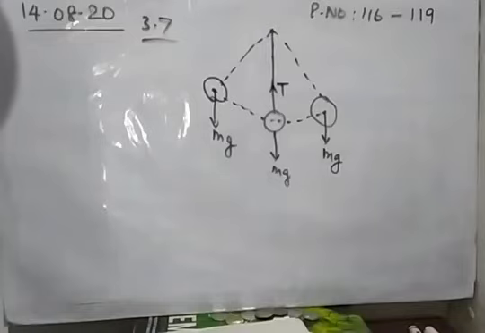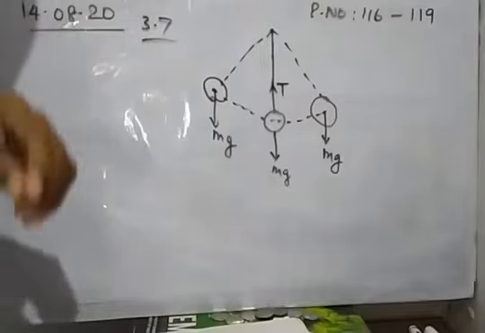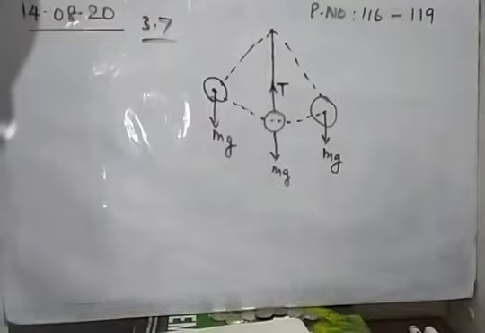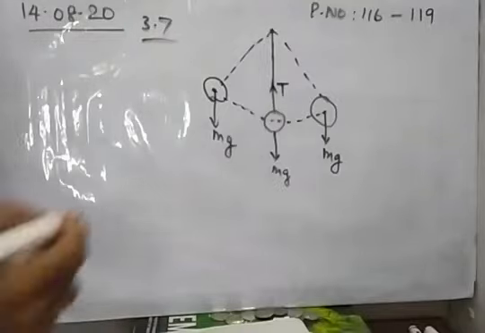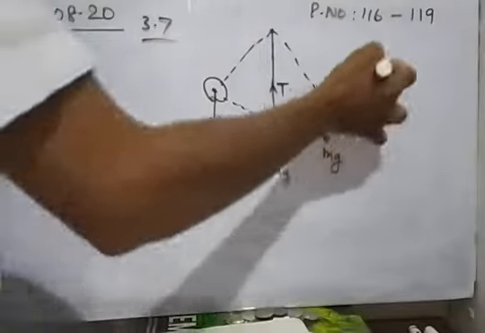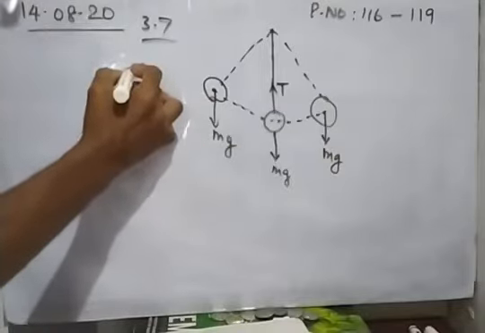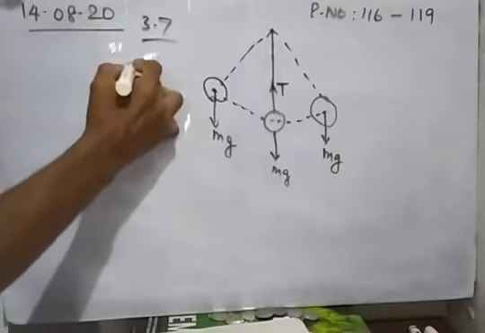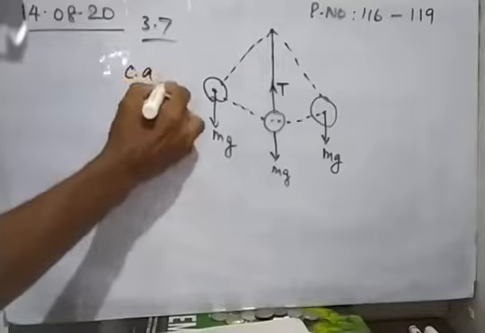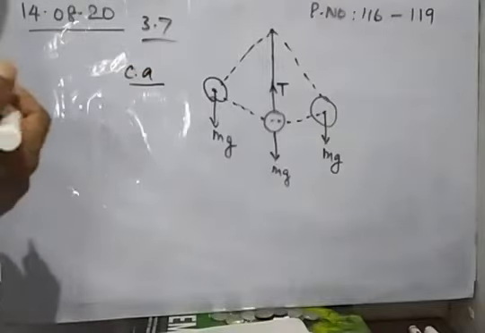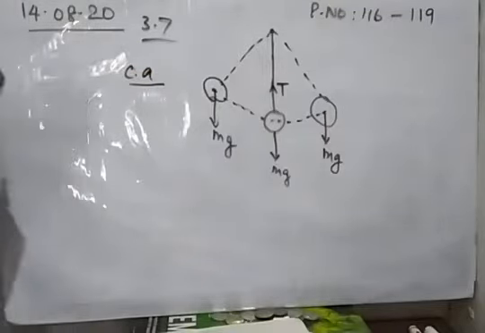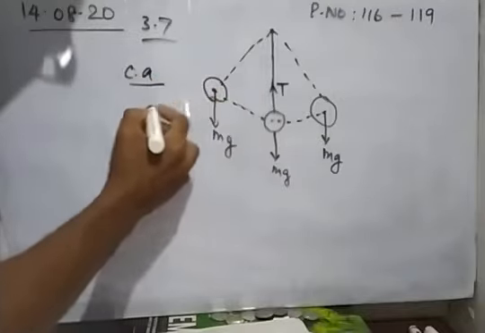Now, what determines the direction of T? The bob is moving along a circular path. Therefore, a centripetal acceleration is necessary.